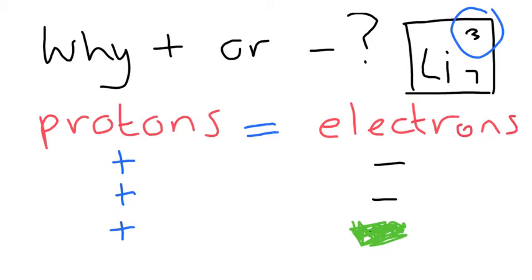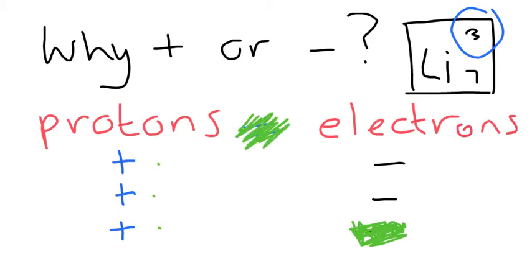If you then go back and have a look at what's happened, when it was an atom, the number of protons, 3, and the number of electrons, 3, balanced. But now we're in a position where the protons and electrons do not equal each other anymore.